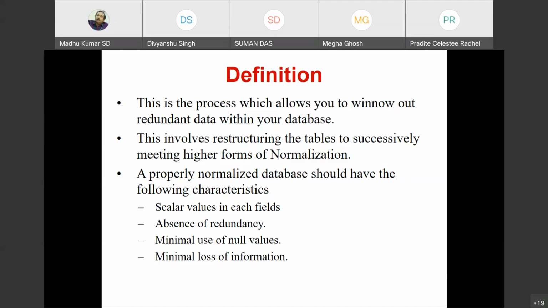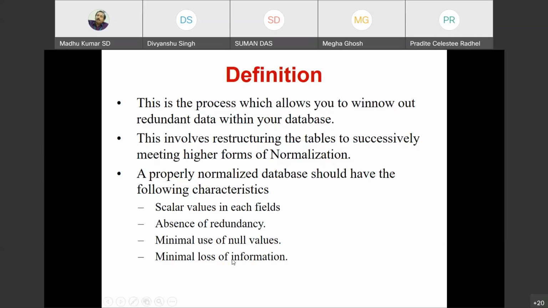Even though normalization theory says we should ideally go for one copy for one piece of data, that may not always be possible. So we target less redundancy.